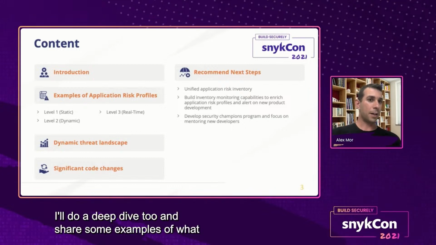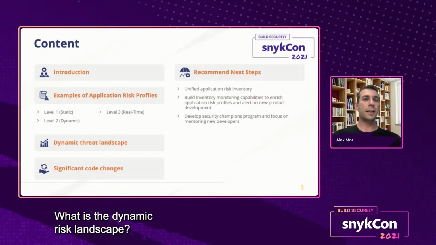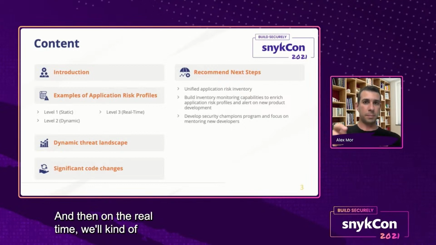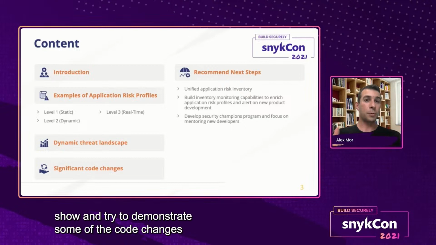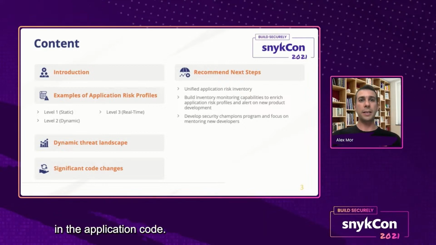I'll do a deep dive and share some examples of what dynamic threat modeling is, what the dynamic risk landscape is, and then in real time, we'll try to demonstrate some of the code changes that would create that sense of real-time changes in the application code, right?